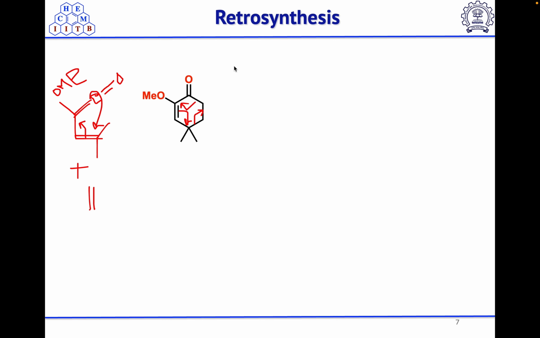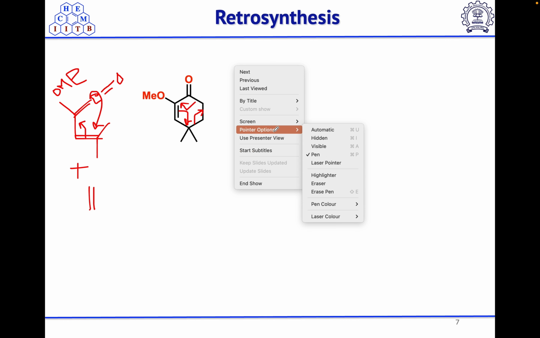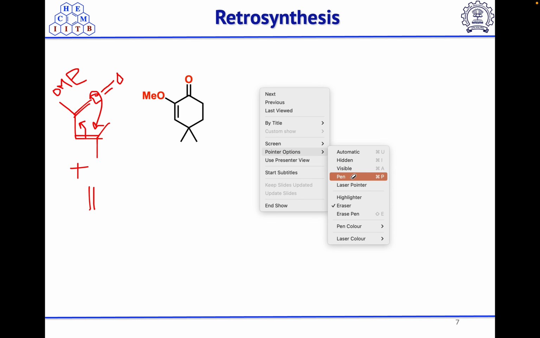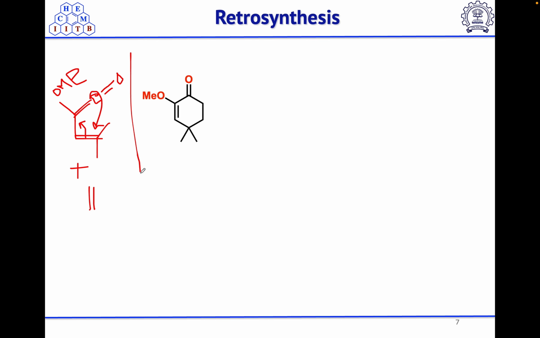So here you will not get any Diels-Alder product or 4 plus 2 cycloaddition product. Then what will be the other possibilities? Just tell me. So the Diels-Alder reaction will not happen, so that is crossed out. No Diels-Alder.